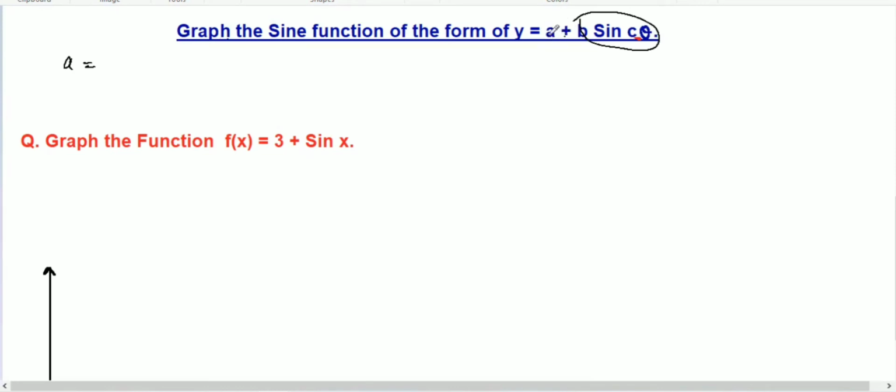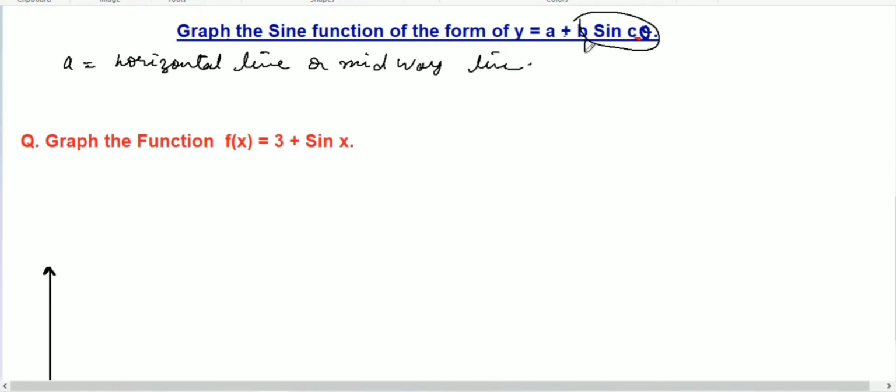What does this a mean? a is the midway line from where the graph will start. Midway line means the horizontal line between the maximum and minimum value of the function. So a will be the horizontal line, or you can say the midway line of the graph.